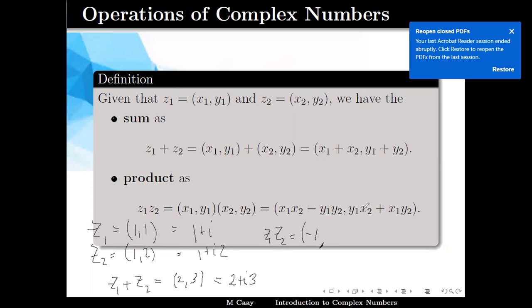And you have to get the product of y1 and x2. So that's y1 here, so 1 and 1. So that's 1 here. And x1 and y2. So that's 2. So that's 1 plus 2. So you get 3. Or you can write this as -1 plus 3i. That's it.